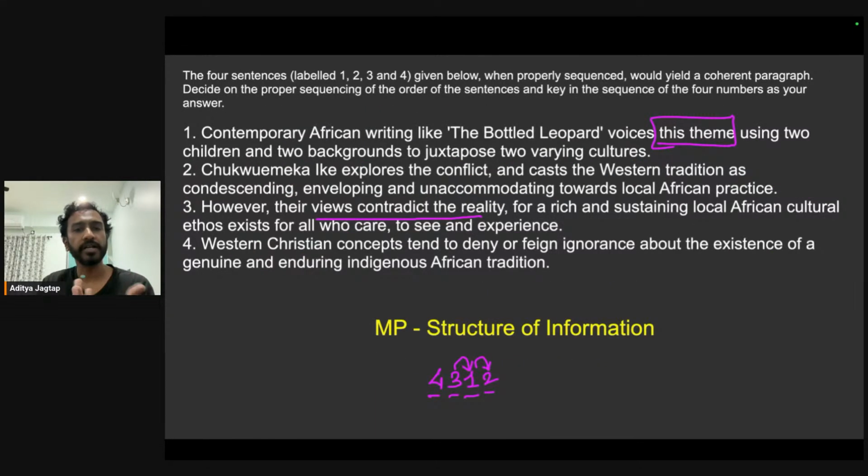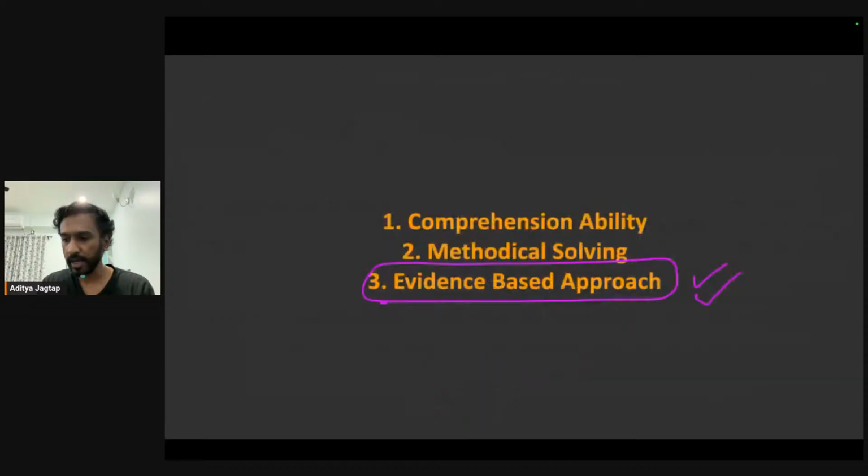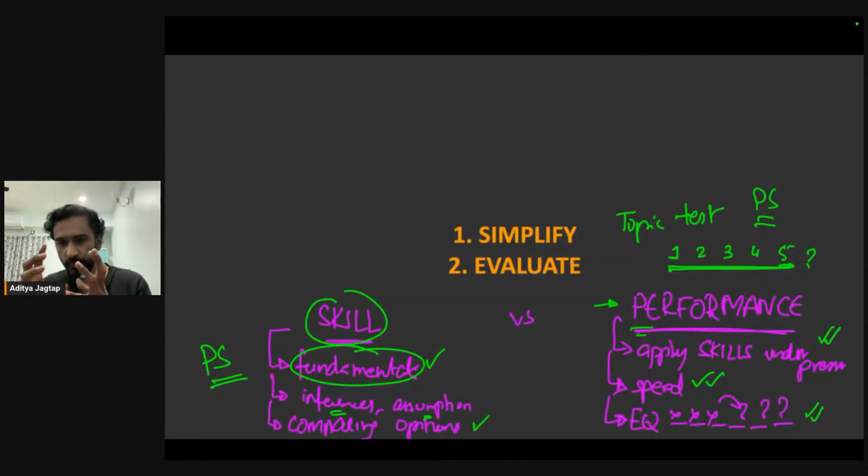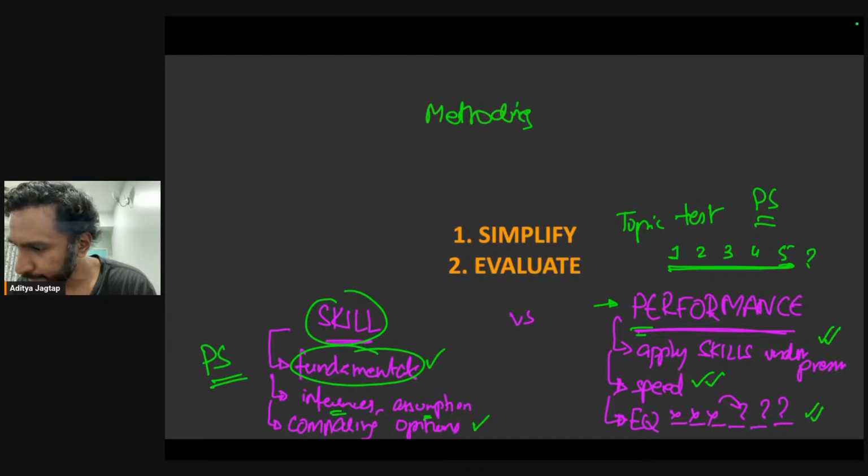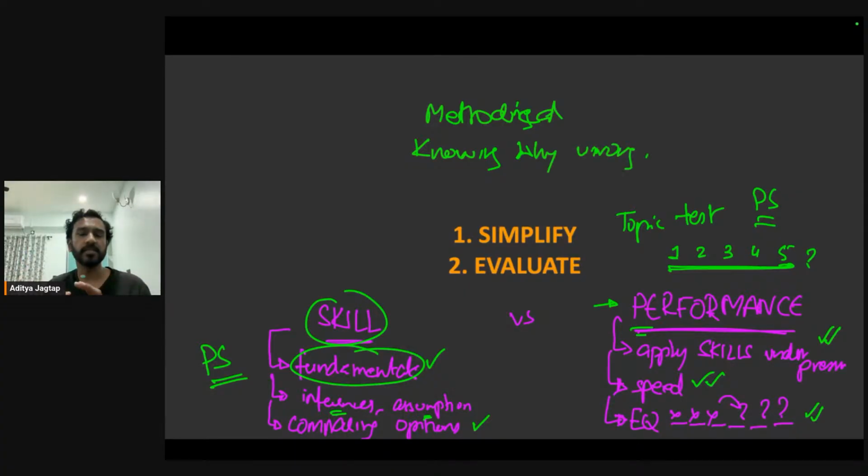So you're going to get tested in different ways, but as long as your overall approach includes simplify, evaluate, being extremely methodical, knowing why you're wrong, etc. These things are going to carry the most amount of weight in terms of moving you towards that 99.9 percentile. I want you to just keep this practice method in mind.